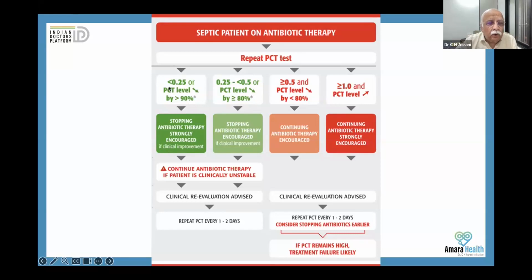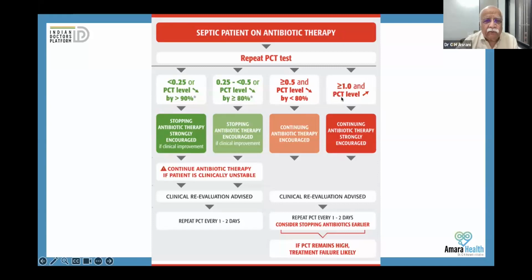But don't go by PCT alone. Continue antibiotic therapy if the patient is clinically unstable. Clinical reevaluation is advised. Repeat procalcitonin every 1 to 2 days. On the other hand, if procalcitonin is above 0.5 and PCT levels have reduced from baseline by less than 80%, continuing antibiotic therapy is encouraged.